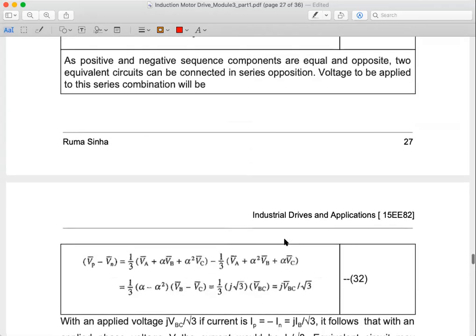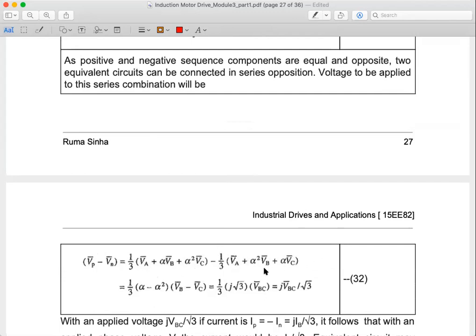Now what are VP and VN? We can write the total voltage as VP minus VN, where VP is the positive sequence and VN is the negative sequence. To obtain that, 1/3 (VA + alpha VB + alpha square VC). This part is VP, the positive sequence component, and this is the negative sequence component.